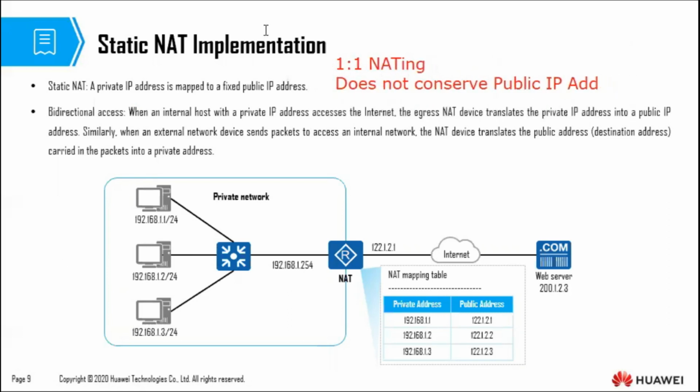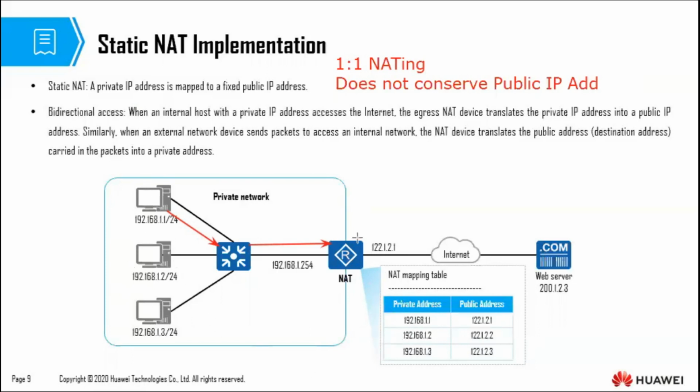So how so? This is what happens. You come in, your source address is 192.168.1.1. When you get to your egress device, it has a list of public IP addresses and the status. The status is whether they are available or unavailable.